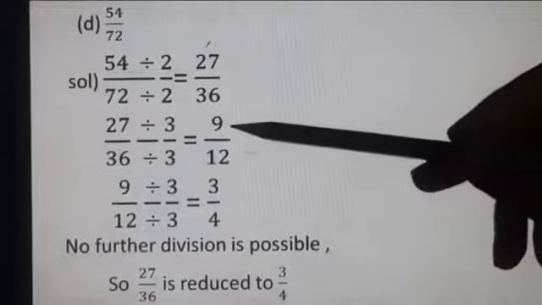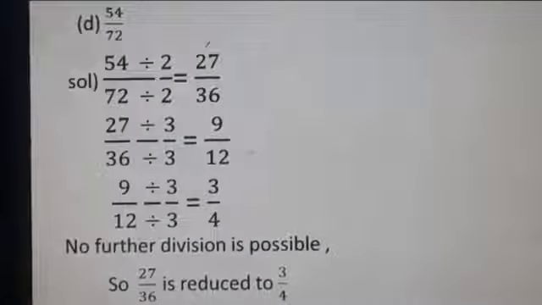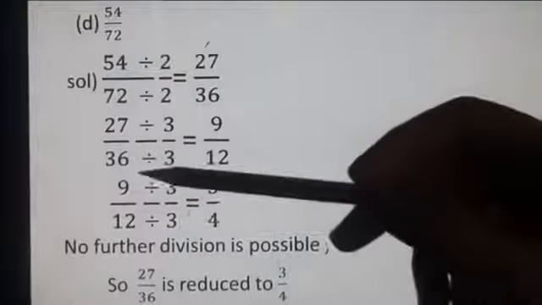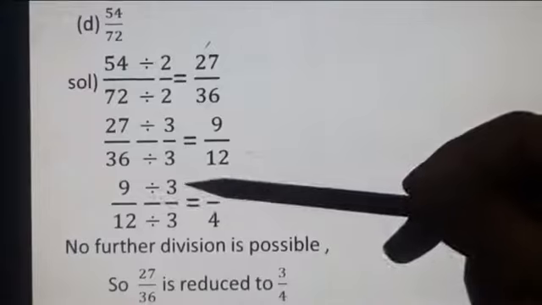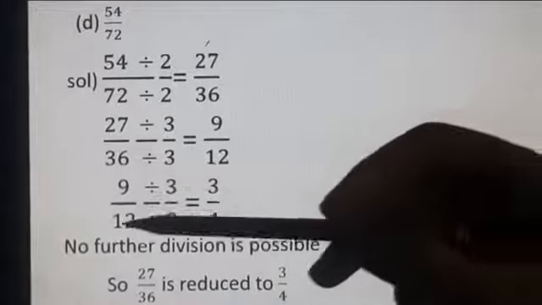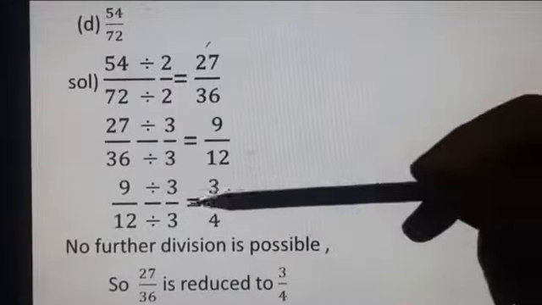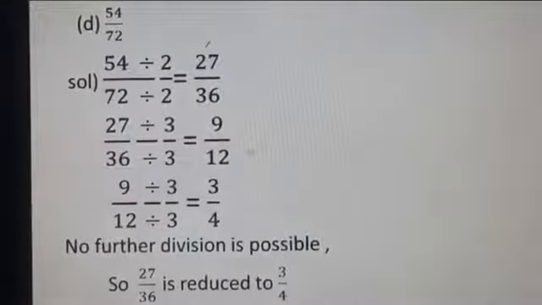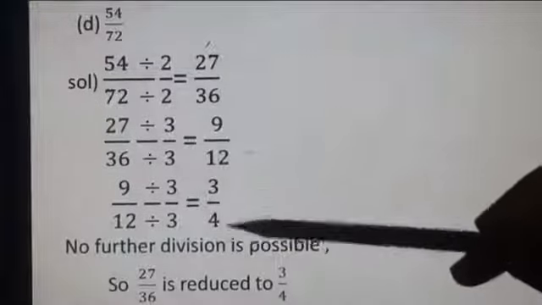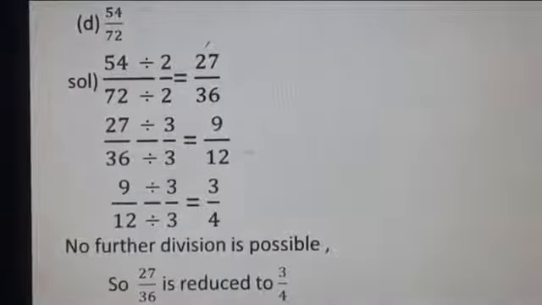Numerator 9 is divisible by 3, 12 is also divisible by 3. So one more step we have taken, 9 upon 12 divided by 3: 9 divided by 3 and 12 divided by 3. So our answer will become 3 by 4. Now we can see that 3 and 4, no further division is possible because these numbers have only the common factor 1. Highest common factor is 1.